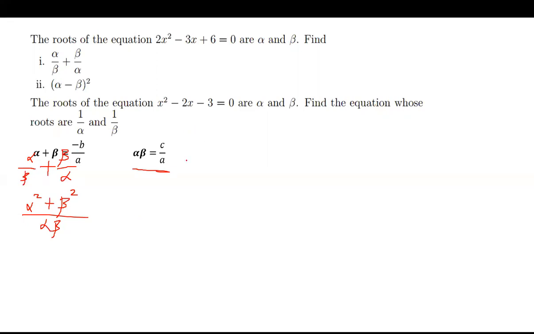Now where do we get them from? So you can do this alpha plus beta, and then you square these, because I know to say I have alpha plus beta, alpha plus beta, or let me just write them properly.